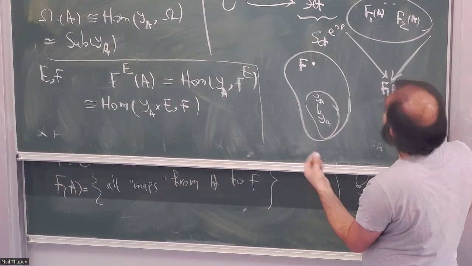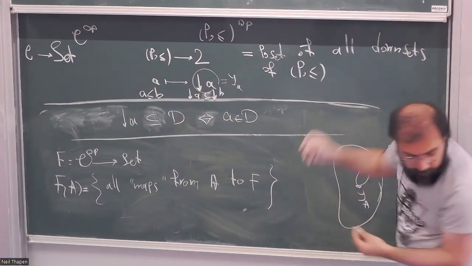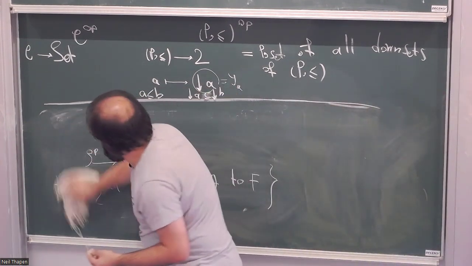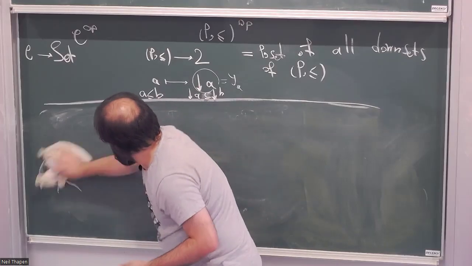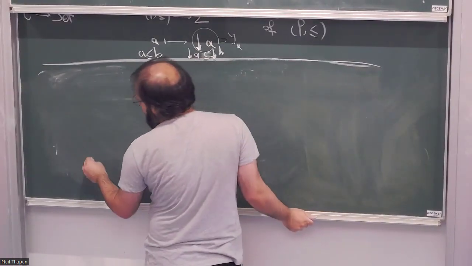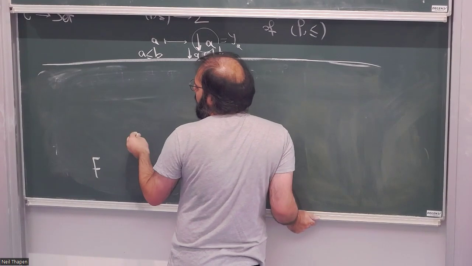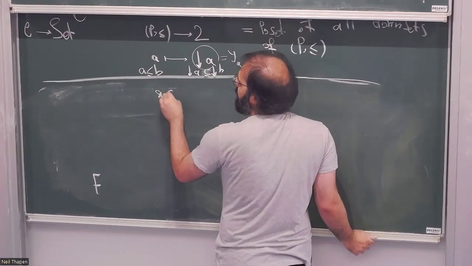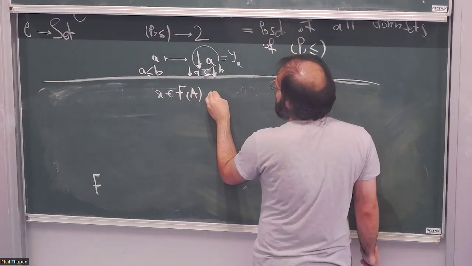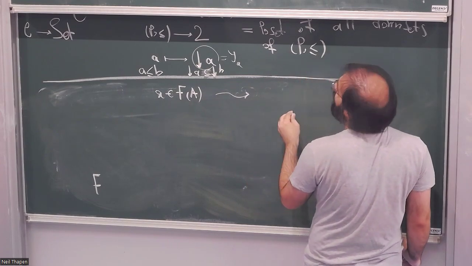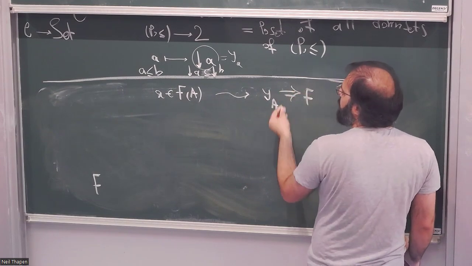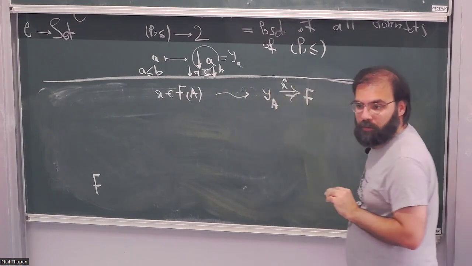And how to explain that, I don't prove that again, because it is lengthy. But if I claim that everything is a co-limit, I have to come up with the description. So say F is here, and pick one element in F of A, for any A. Then the Yoneda lemma says that this is in correspondence with what? With one map from Yoneda A to F, and let's call it X hat, right?